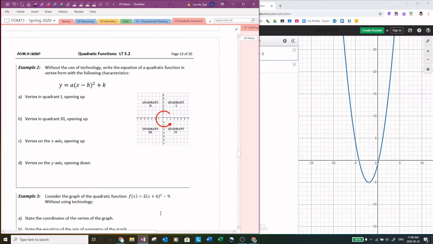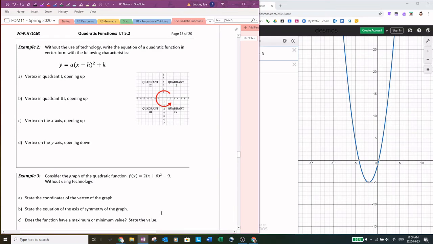All right, without the use of technology, write the equation of a quadratic function in vertex form with the following characteristics. So there's our formula. If we want it in quadrant 1 opening up, so maybe this one, our h and k are both going to be positive.